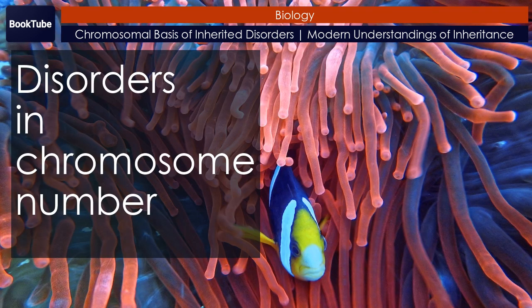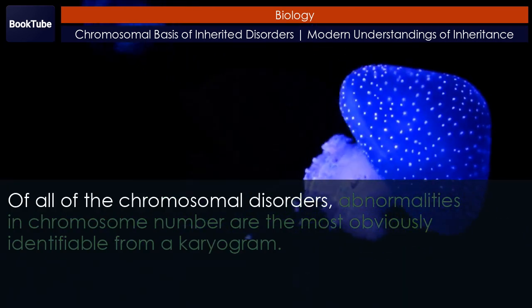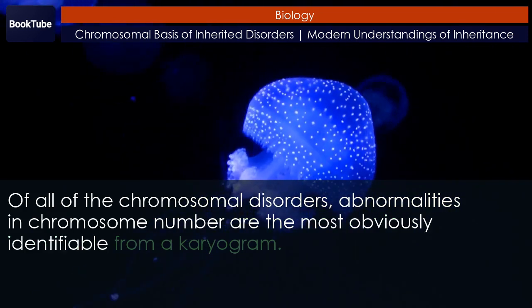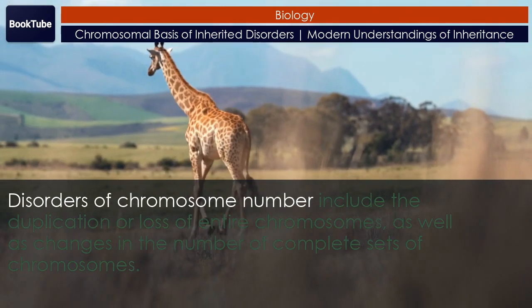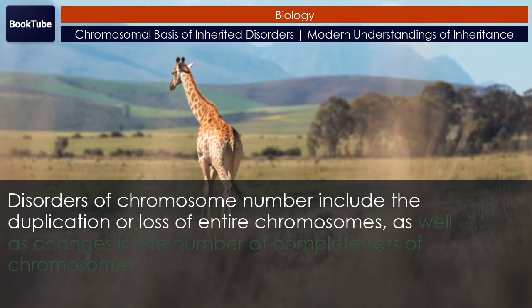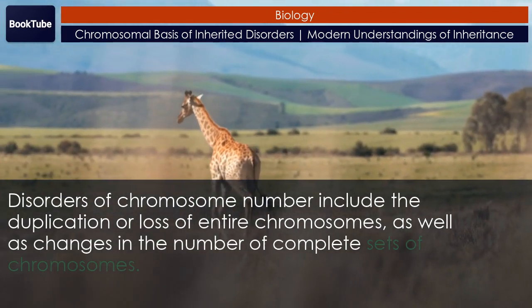Disorders in chromosome number. Of all of the chromosomal disorders, abnormalities in chromosome number are the most obviously identifiable from a karyogram. Disorders of chromosome number include the duplication or loss of entire chromosomes, as well as changes in the number of complete sets of chromosomes.